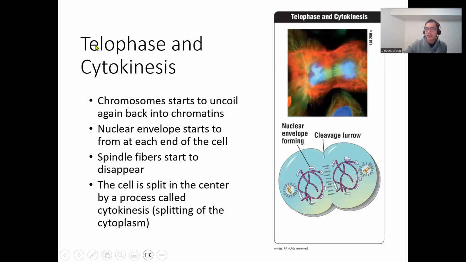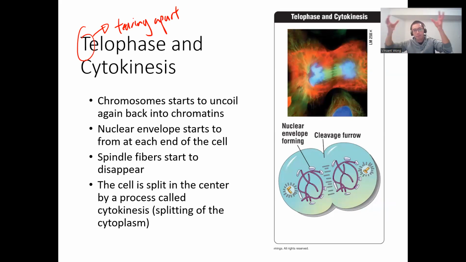And then finally, in telophase, T is for tearing apart. If you think of one giant ball of Play-Doh or dough, you just split it in the middle, now you get 2 circles, you get 2 cells. Everything is backwards now compared to prophase. We're done moving the chromosomes, so let's turn them back into chromatin. We need to form the nuclear envelope again so that we get our nucleus back.